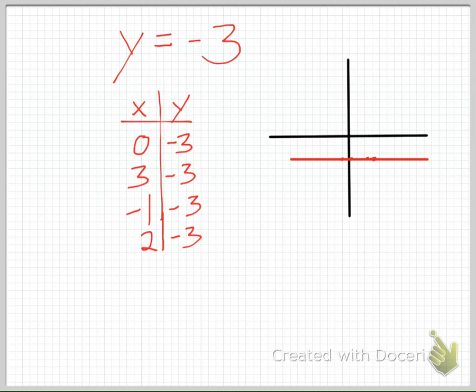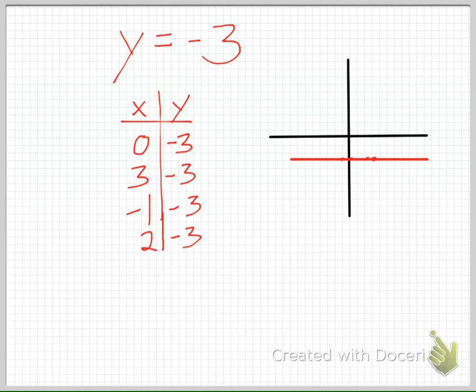If you have y equal to something, then you're going to get a line that is parallel to the x-axis. So if y equals a constant, it's a line parallel to the x-axis. If y is -3, that means it's 3 below the x-axis. Is this 3 below the x-axis? Yeah.